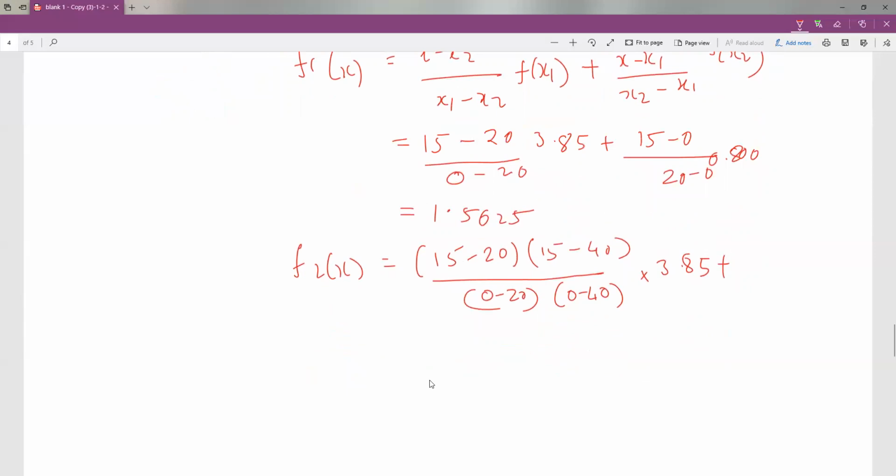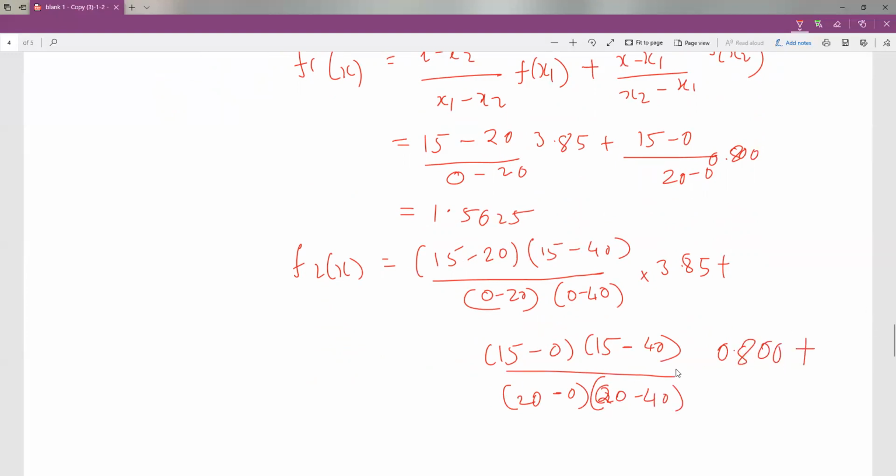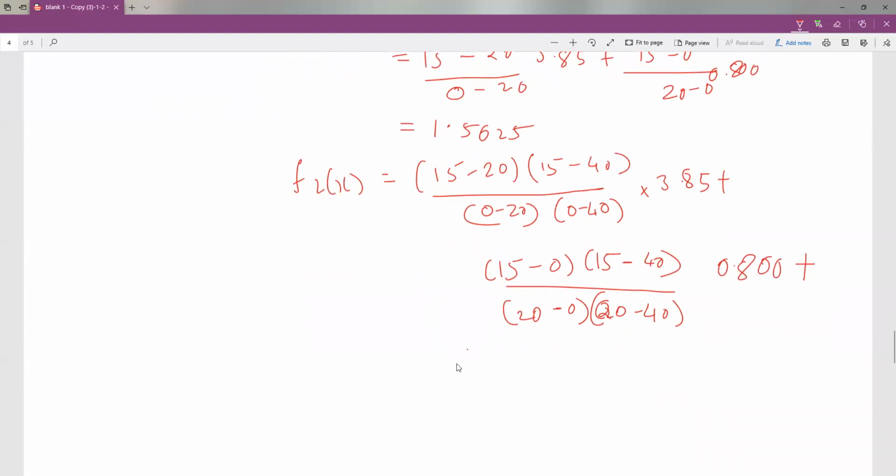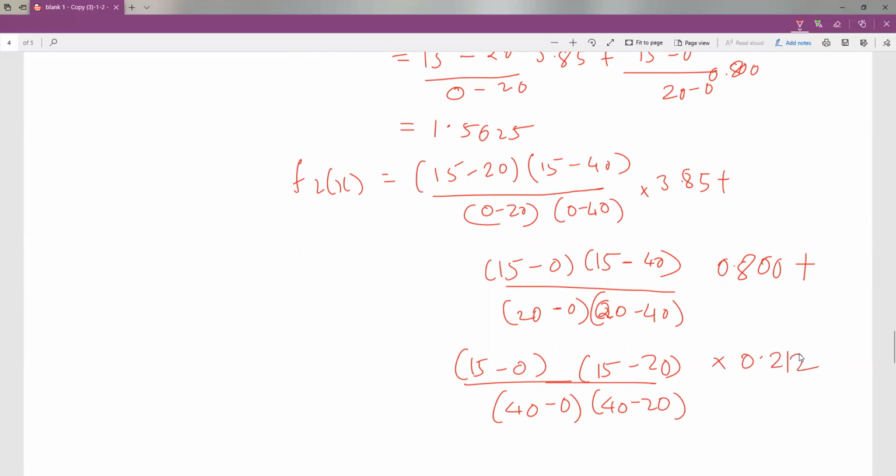Two more terms, using the same quadratic formula written above: 15 minus 0, 15 minus 40 over 20 minus 0, 20 minus 40, into 0.8, plus the last term, 15 minus 0 into 15 minus 20 over 40 minus 0, 40 minus 20, multiplied by 0.212. This is going to give you 1.3316875.